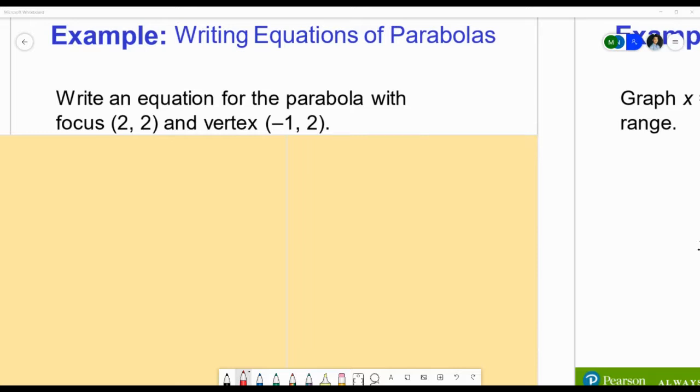James, why don't you show your work and write the equation this time? Okay.